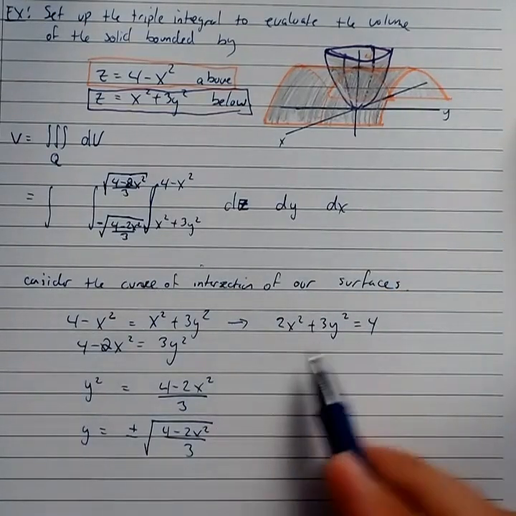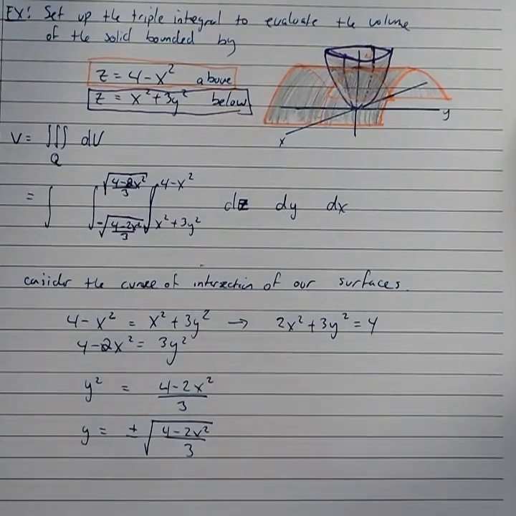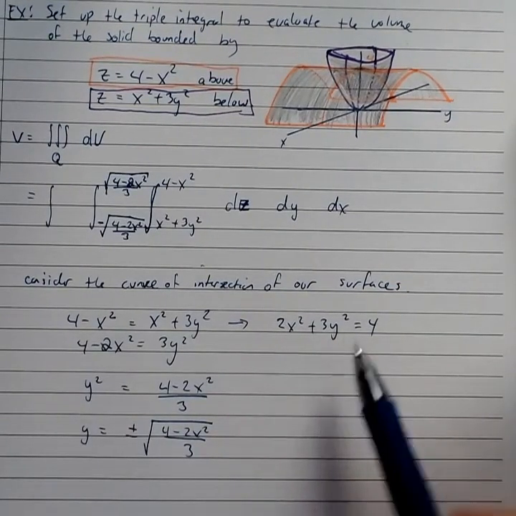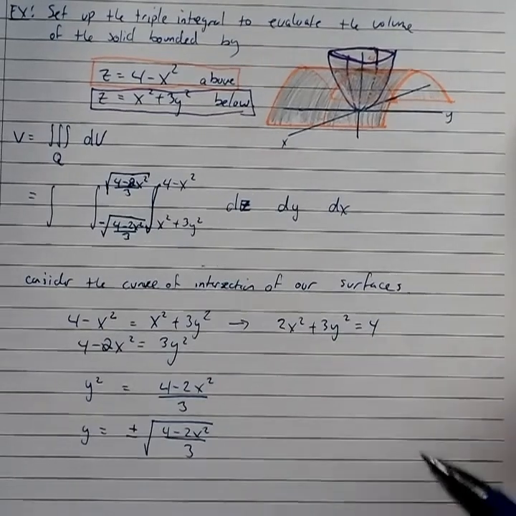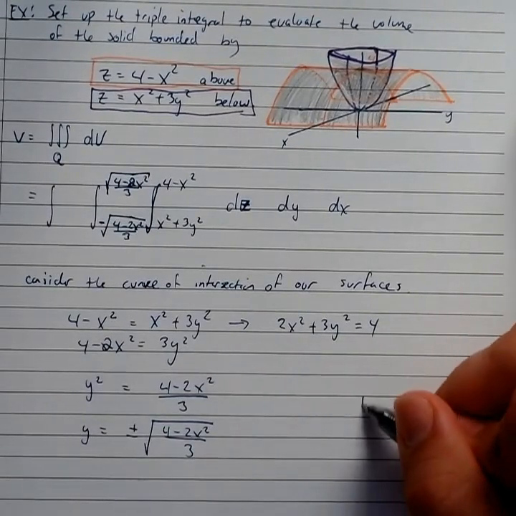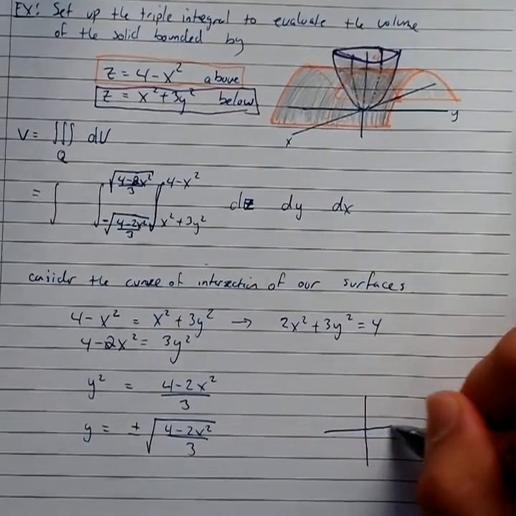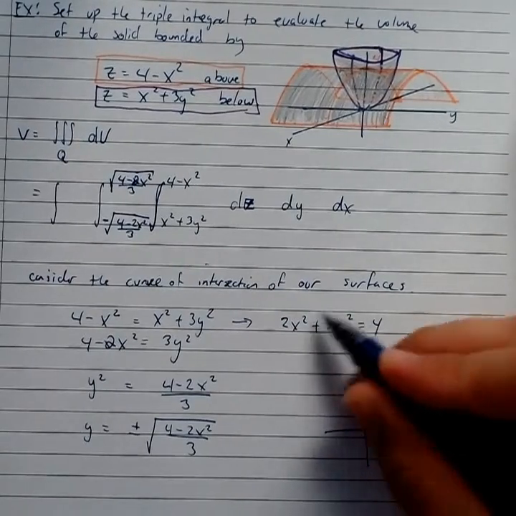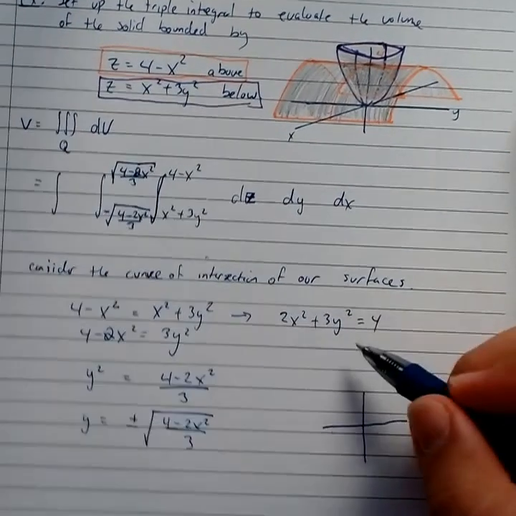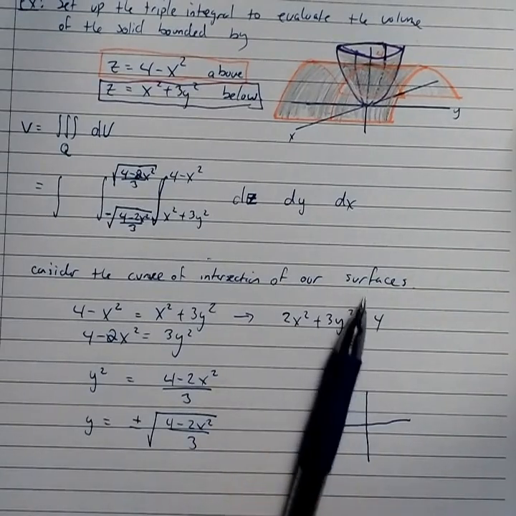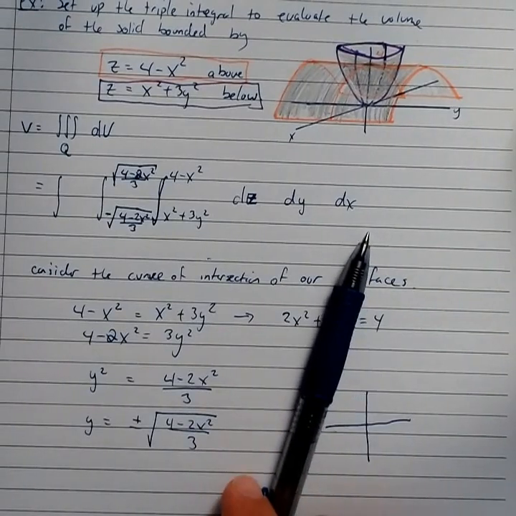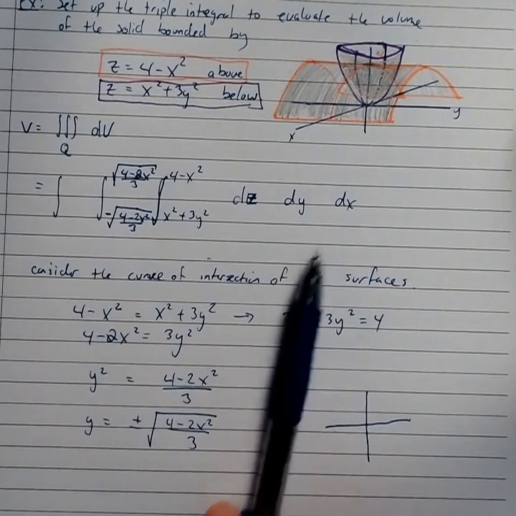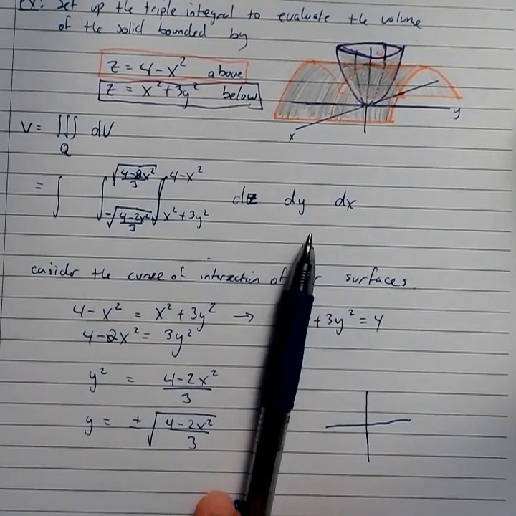That's an ellipse, and we can find its extremities. We can find the points that are furthest away from the origin. Notice that's an ellipse centered at the origin. By simply saying, if that one's equal to 0, what does the other one have to equal?